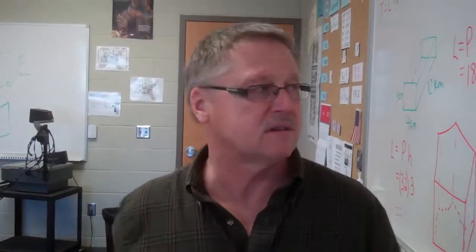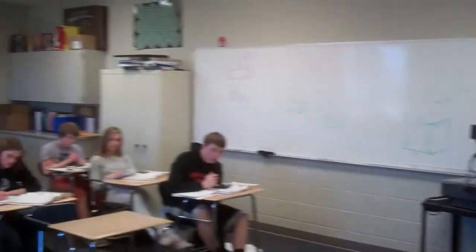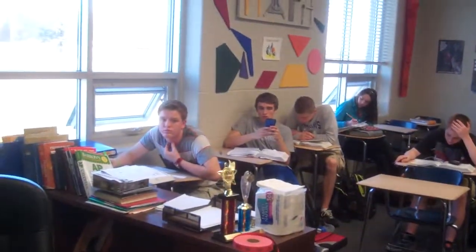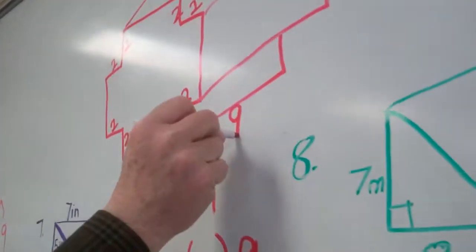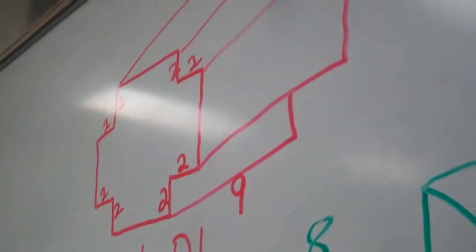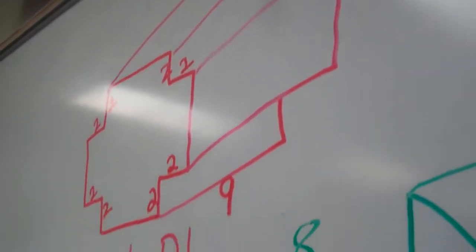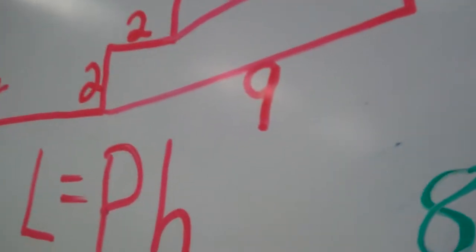I think the whole audience is dead. All right, what are you calling the height then, Nathan? 9. Nice. This 9 right here. Swing around, son. This 9 right here would be the height of that prism. Good job.